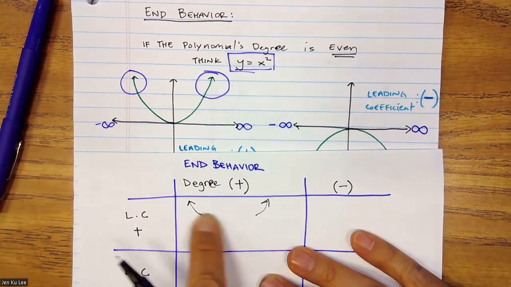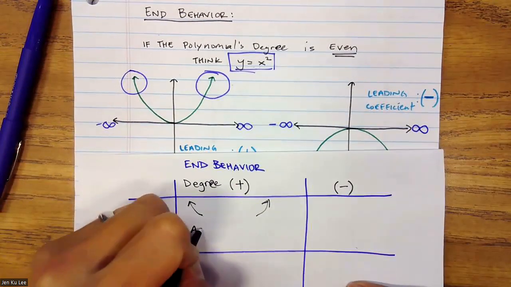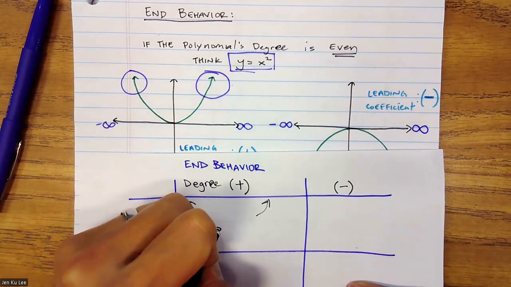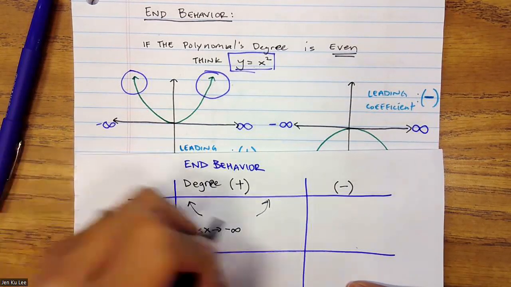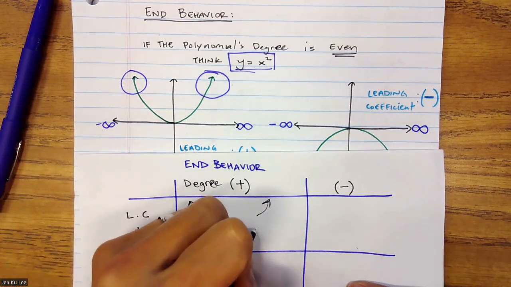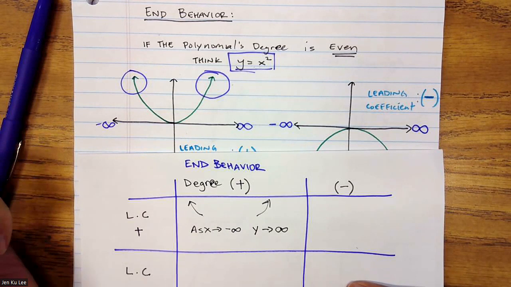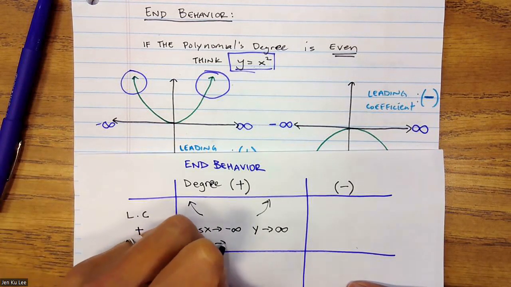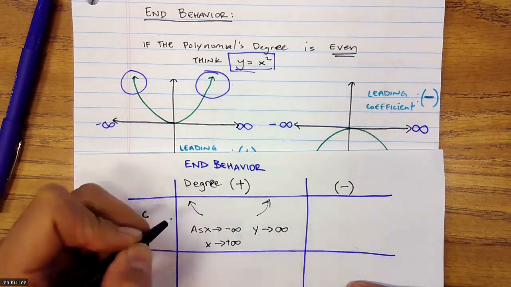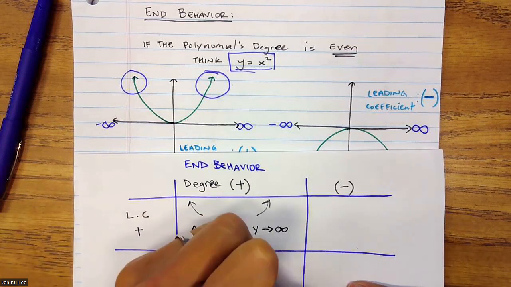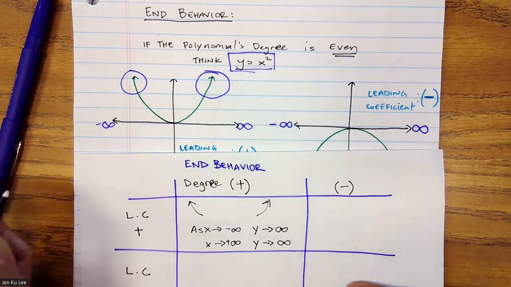This means that as x approaches negative infinity, y is going to approach positive infinity. And as x approaches positive infinity, then y is going to approach positive infinity as well.